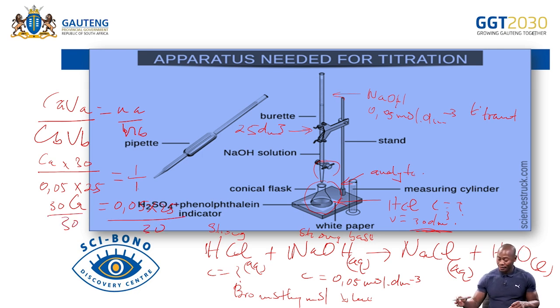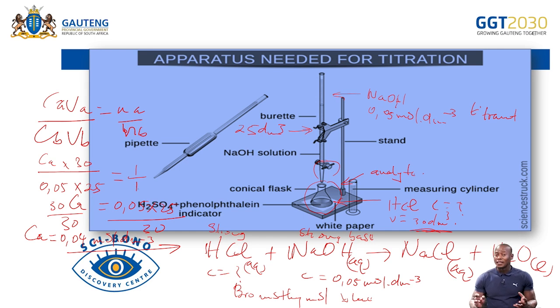So I'm having 0.05 times 25 divided by 30. Okay, so what am I having there? I'm having the concentration of an acid, which is 0.04 mole per cubic decimeter. So this is how we can get the concentration of an acid. But we got that through this experiment.